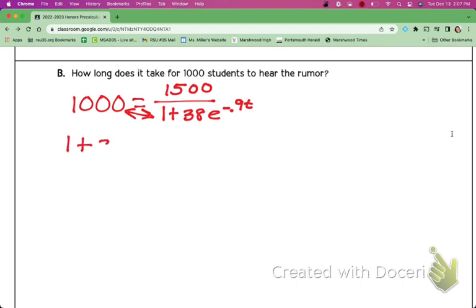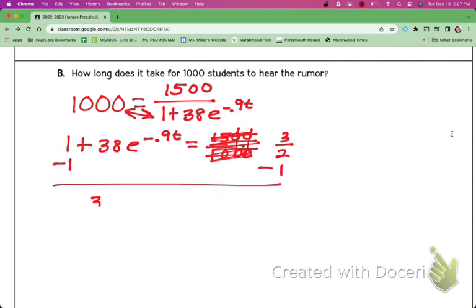So I get 1 plus 38e to the negative 0.9t is equal to 1,500 over 1,000, which would just go to, what is that, 5 halves? No, take out 5, 3 halves. So that whole right side becomes 3 halves. Then what can we do? Subtract 1. So 38e to the negative 0.9t is equal to 3 halves minus 2 halves, which is 1 half.